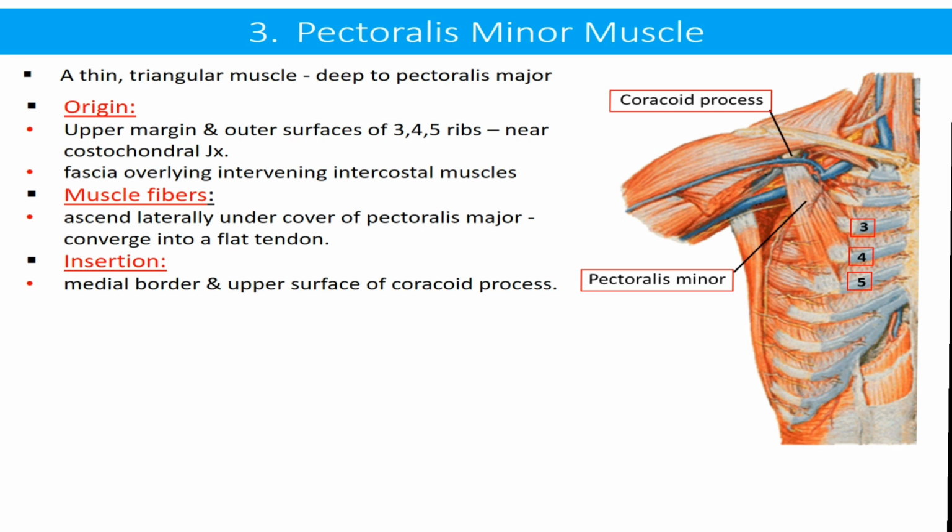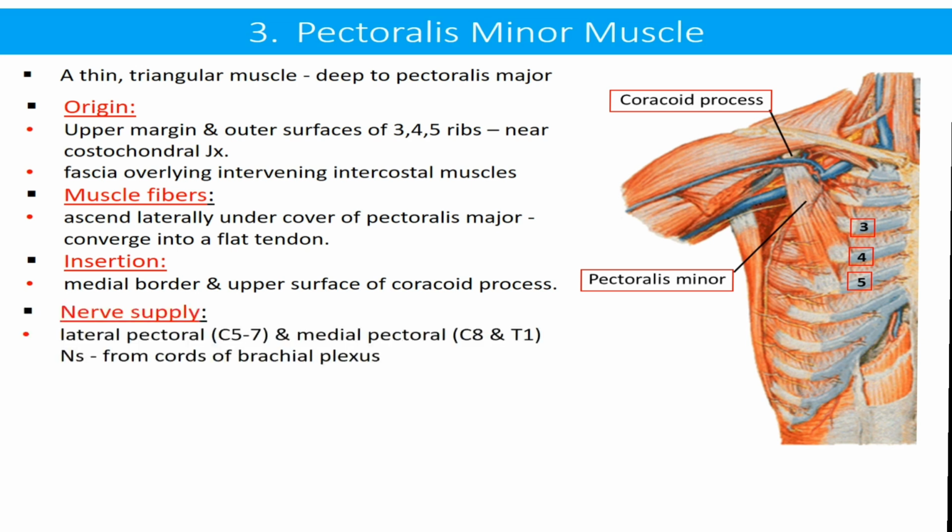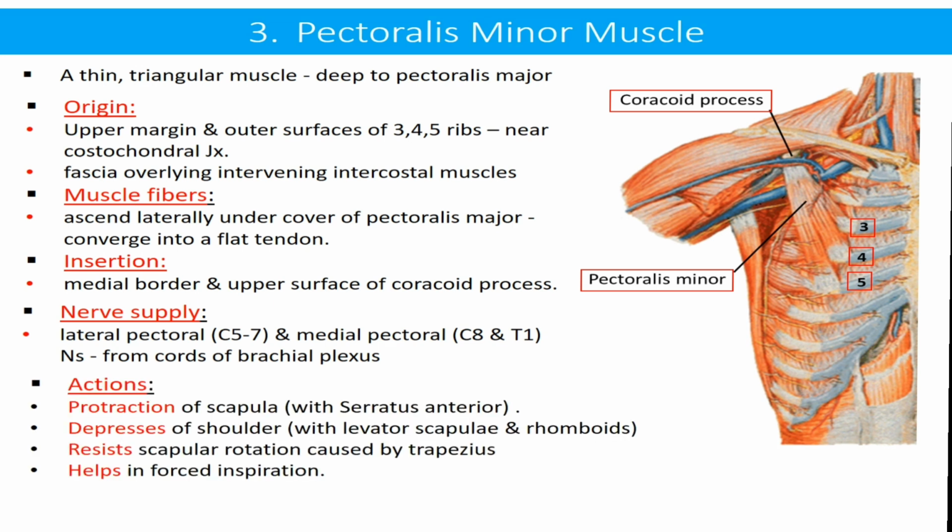The muscle fibers of pectoralis minor ascend laterally under cover of pectoralis major and converge into a flattened tendon, which is inserted onto the medial border and upper surface of the coracoid process. Pectoralis minor is innervated by lateral and medial pectoral nerves.